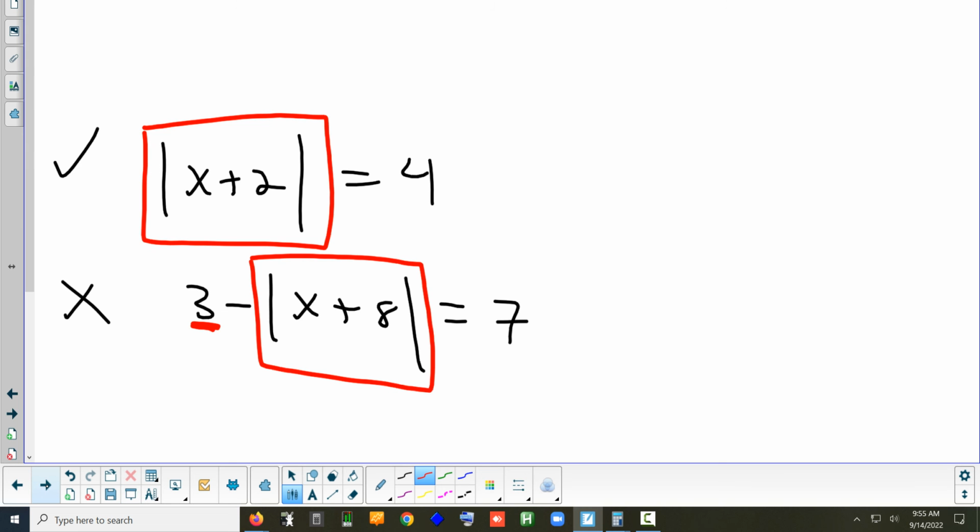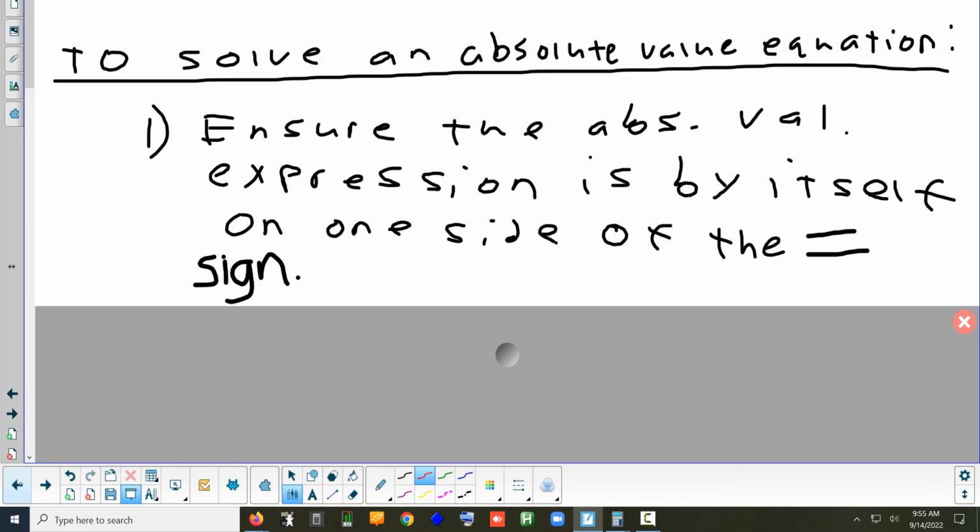Like in this one, that's no good. You don't want that 3 there. So ensure that the absolute value is by itself on one side of the equal sign. It doesn't matter if it's on the left or it's on the right, but it has to be by itself.